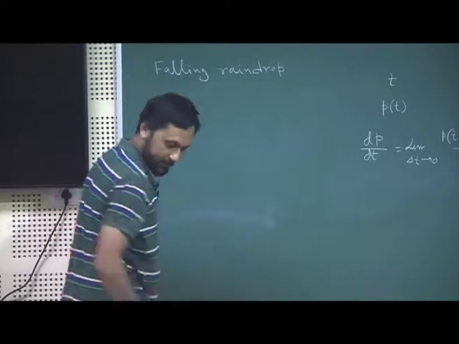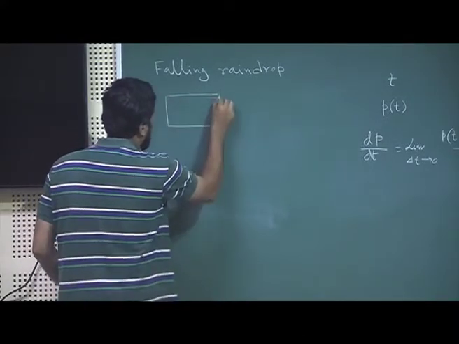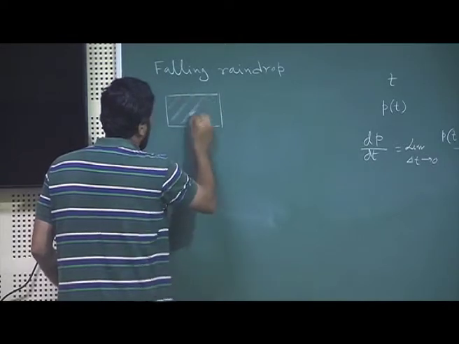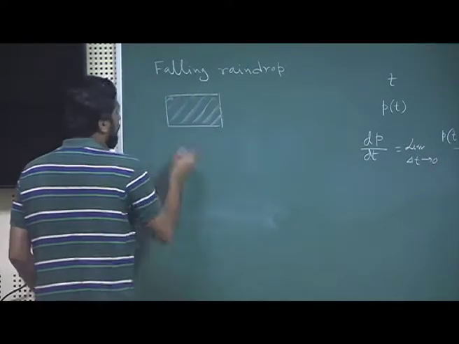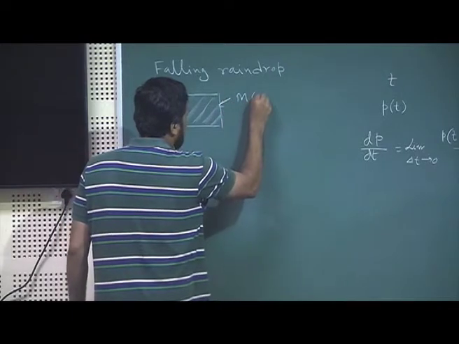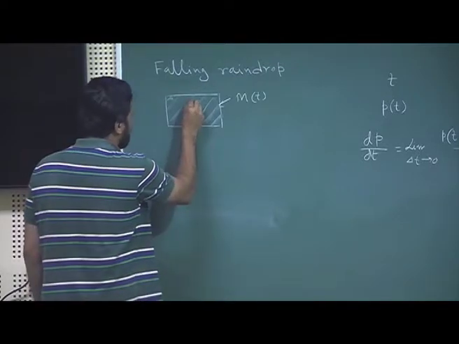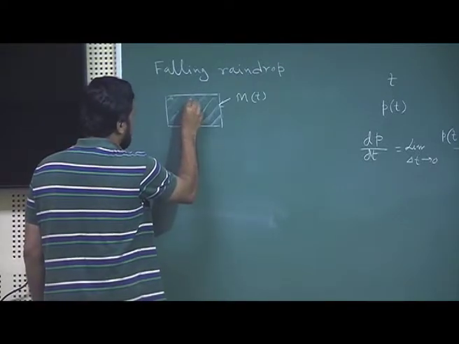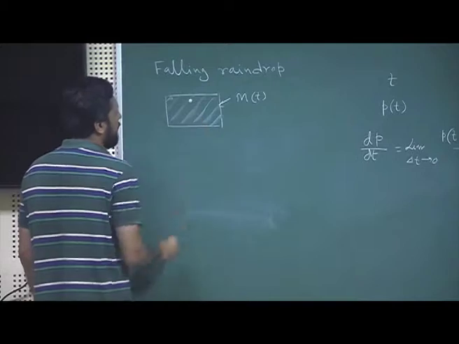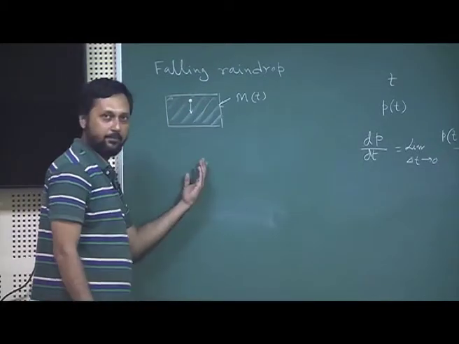Now, what happens here? Let us say this is a cloud which has a mass of capital M. Why I am putting a T here, I will explain soon. And inside that there is a raindrop which is falling, let us say under the action of gravity.